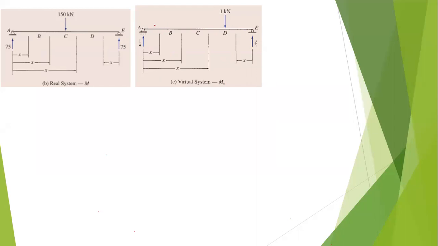So what we're going to do is create segments. In this case, such that it would be safe, we are going to create 4 segments: AB, BC, CD, and DE.